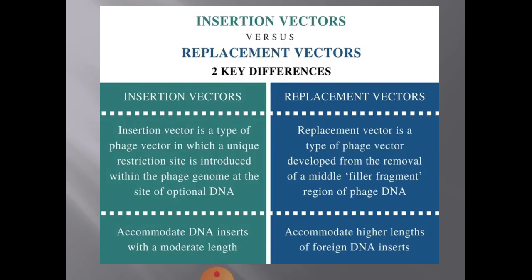Whereas a replacement vector is developed by the removal of a middle filler fragment region of the phage DNA. The second difference is that replacement vectors accommodate higher lengths of foreign DNA inserts when compared to insertion vectors.